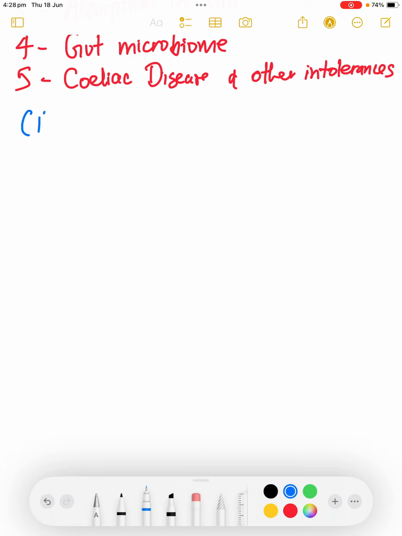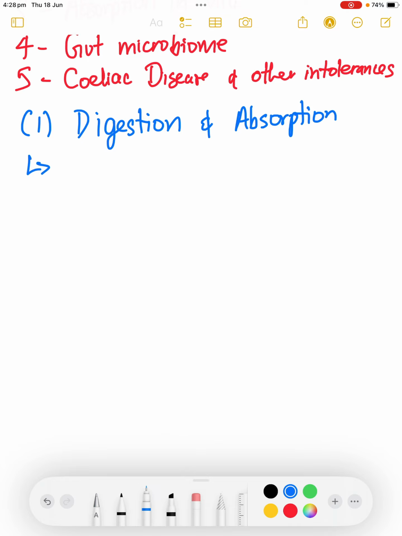Which is digestion and absorption and the gastrointestinal GI tract. Okay, so in particular, what is the GI tract?